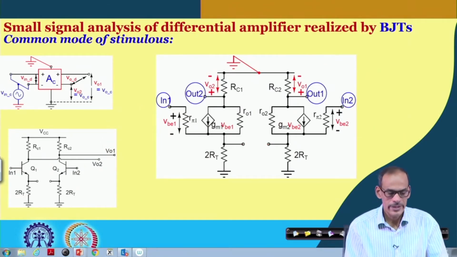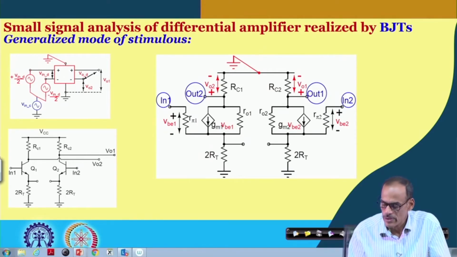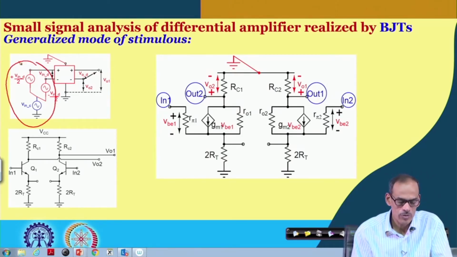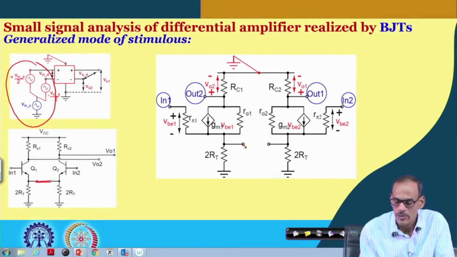So, in the next slide we do have the generalized mode of stimulus. As I said, at the input we like to give both differential and common mode part together, and probably we can make this connection.